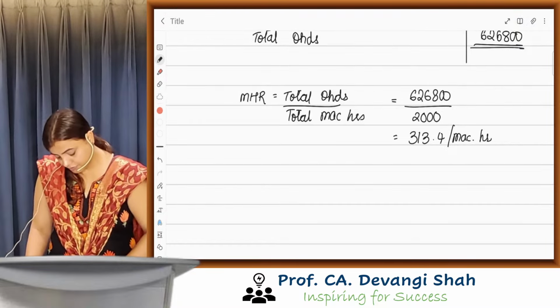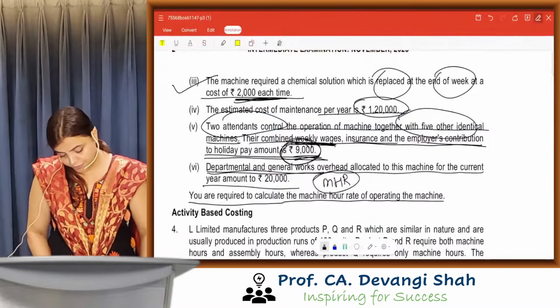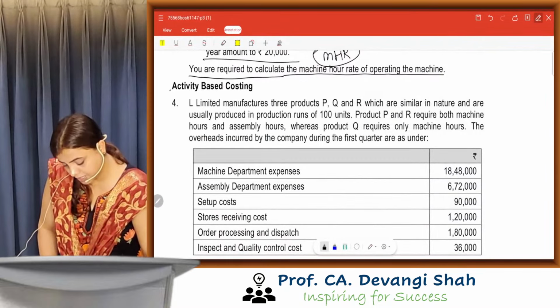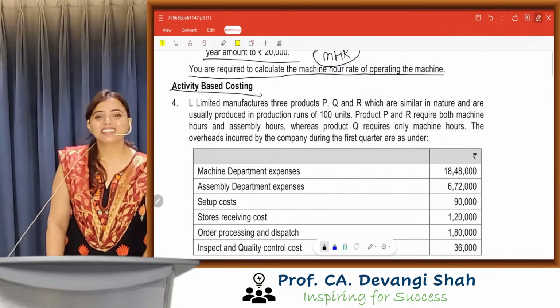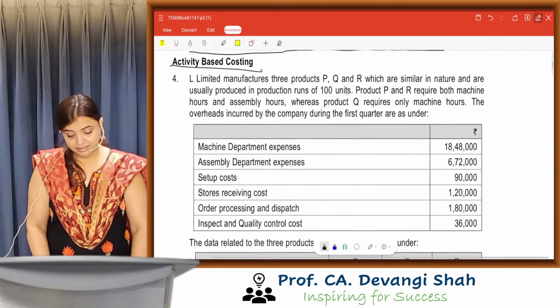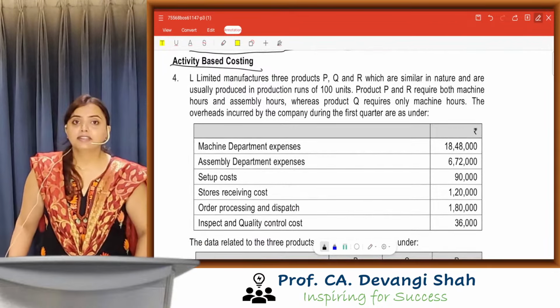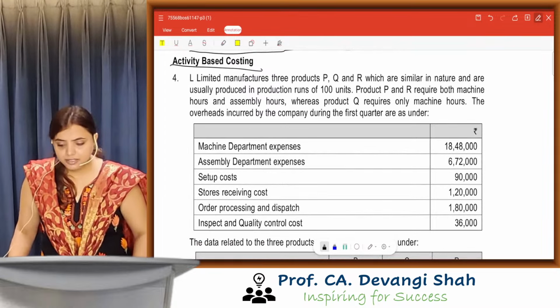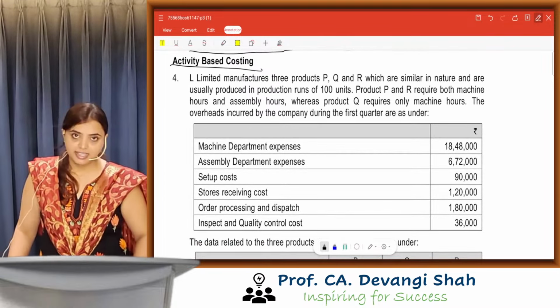Next sum number 4. Activity based costing. This is one of my favorite chapters. Earlier it was in CA Final, now it has been shifted to Inter CA.